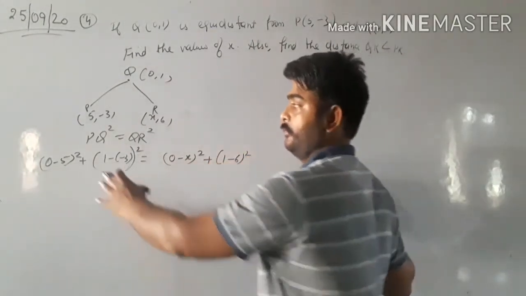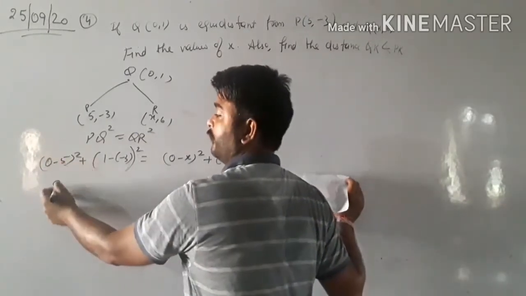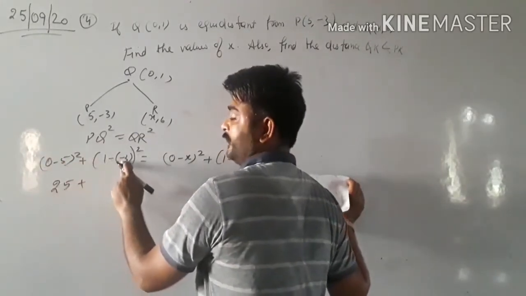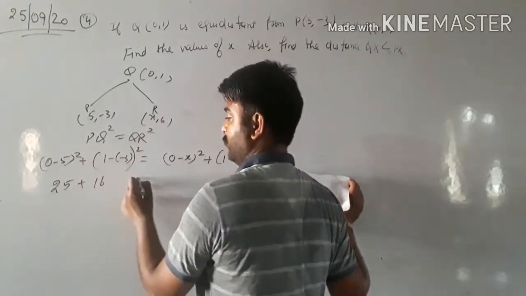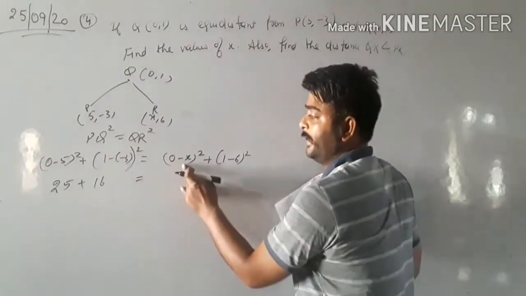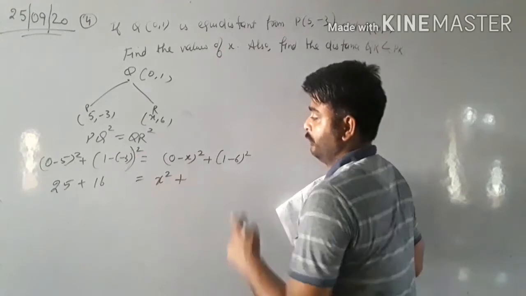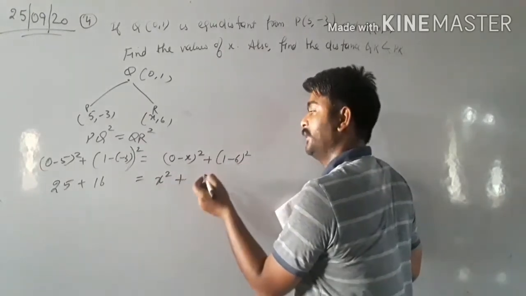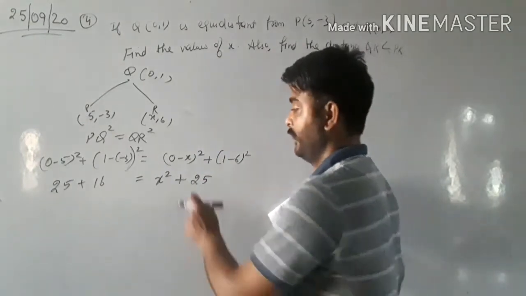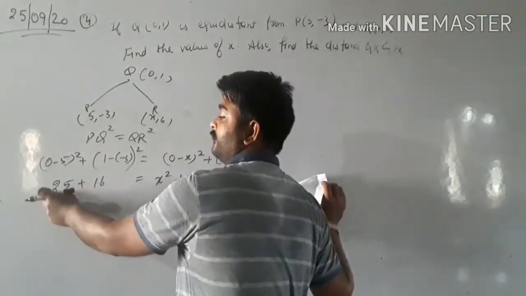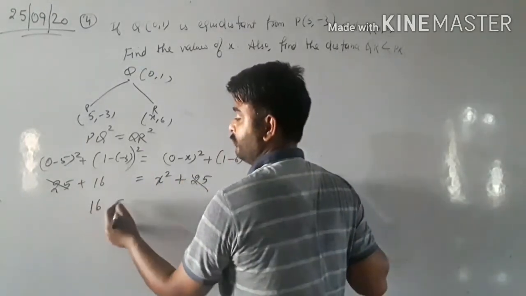Okay, 0 minus 5 is minus 5, minus 5 squared is 25, plus 1 plus 3 is 4, whole square, that is 16, equals 0 minus x is minus x, squared is x squared, 1 minus 6 is minus 5, squared is 25. Again class, 25 on this side and 25 on that side will cancel out. What is left, class? It's 16 equals x squared.